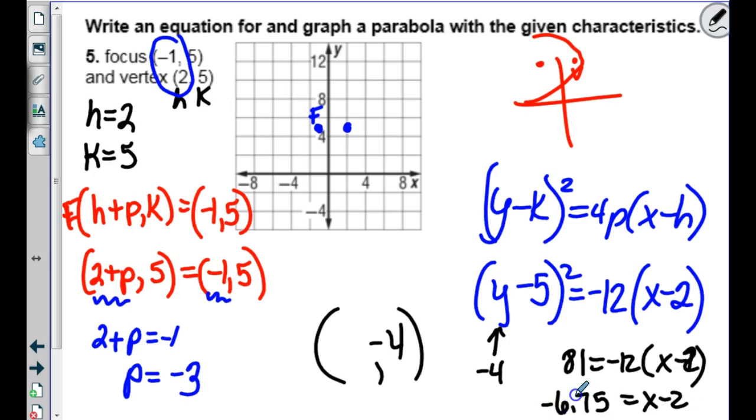So add 2 to that and you get -4.75 would be over here and down -4. So there's the width. I just did that because I know everybody struggles with finding that point to show the width.